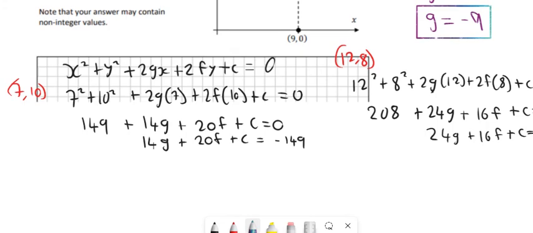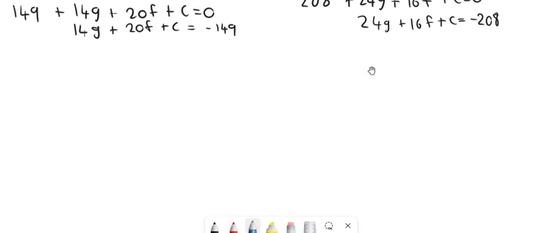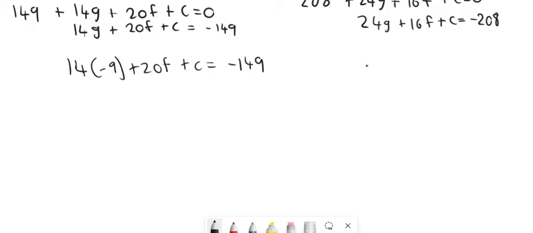So now, because we know g is minus 9, you can just sub in minus 9 for g in my two equations that I found down here. We get minus 126 there.